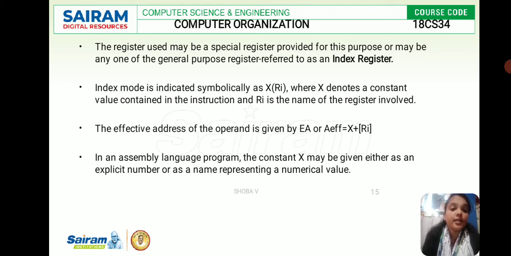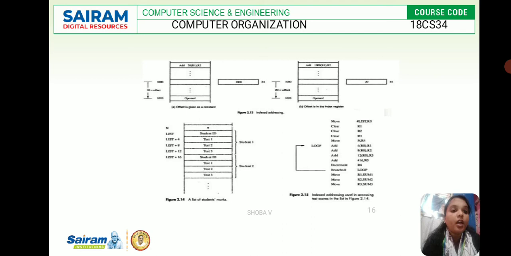The formula for the effective address of the operand is EA equal to x plus Ri. In an assembly language program, it may be given as an explicit number or a name representing a numerical value. So this is the main use of the index register.